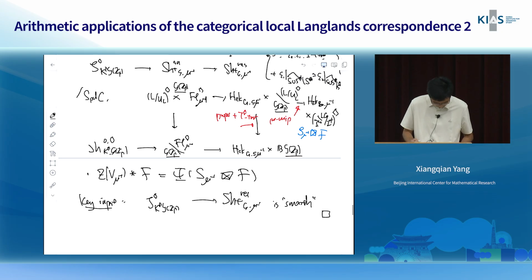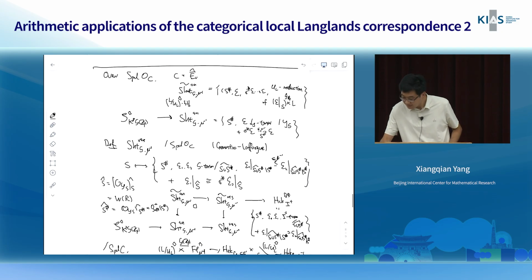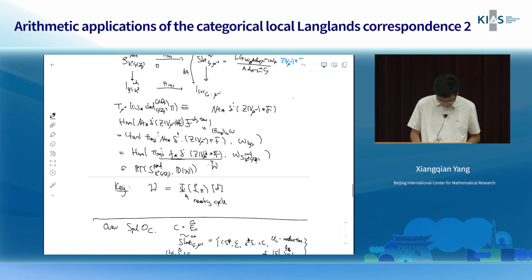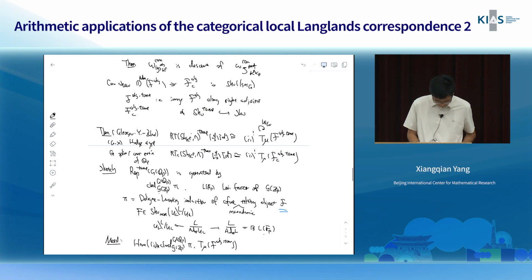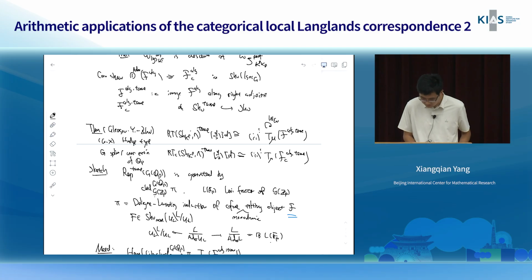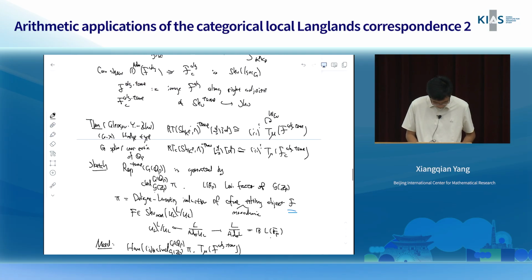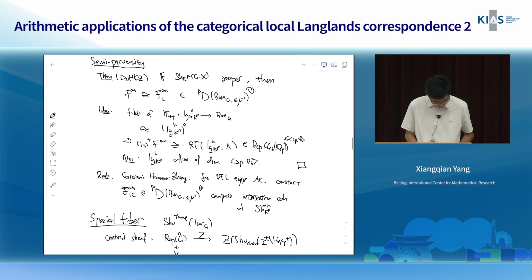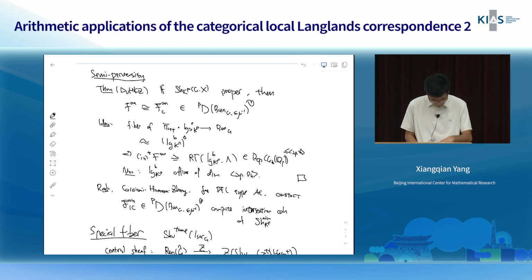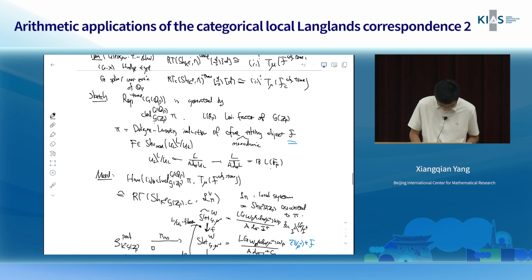Okay, so now we have finished the proof of the local-global compatibilities over Spa C. And there's also, for example, here we show that over the generic fiber you have the semi-perversity result if the Shimura variety is proper. And actually we can do more over the special fiber.